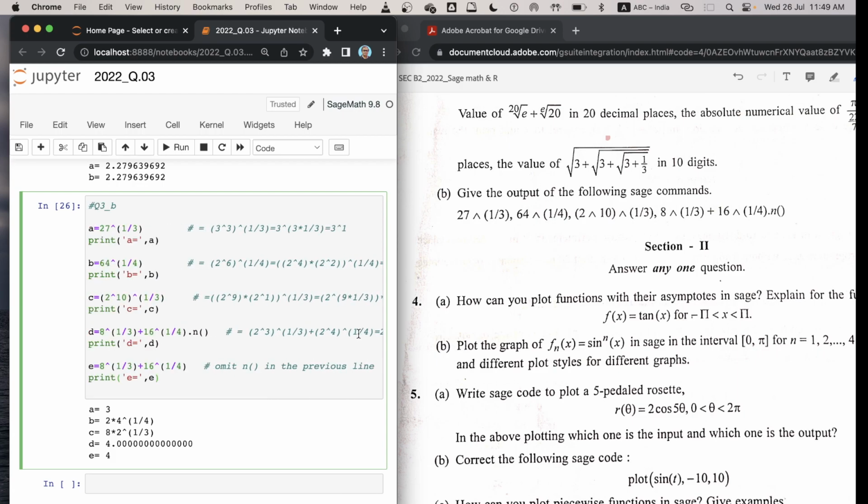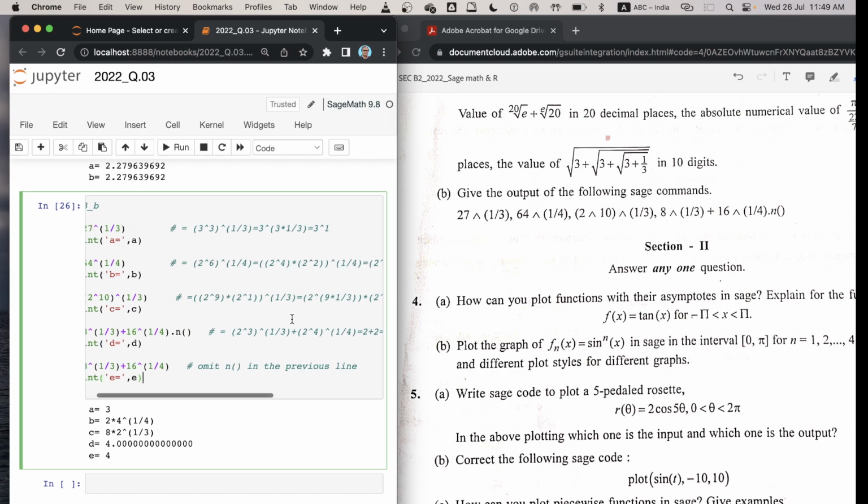But if we omit the numerical approximation operator in the previous line, we get the output 4 only.